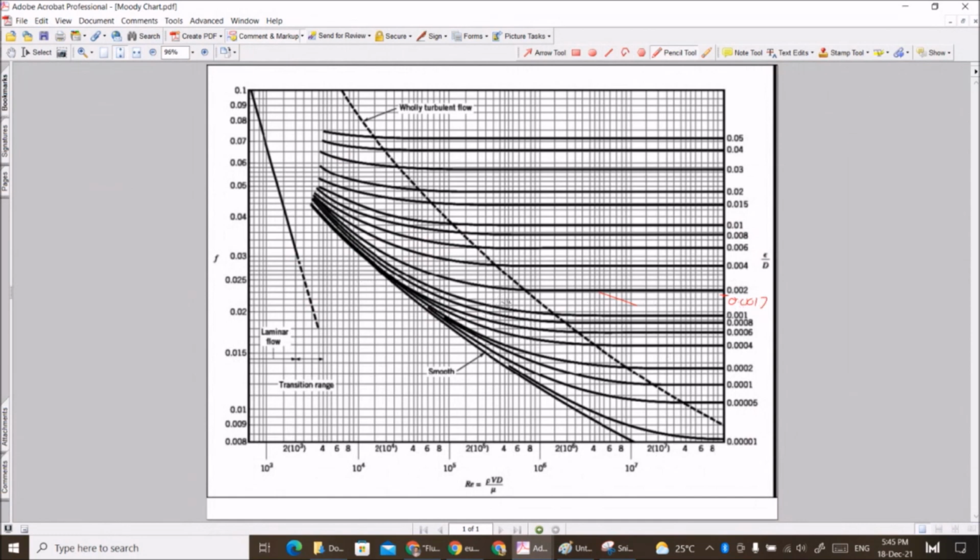Okay, so I will draw the parallel curve. This is the parallel curve.